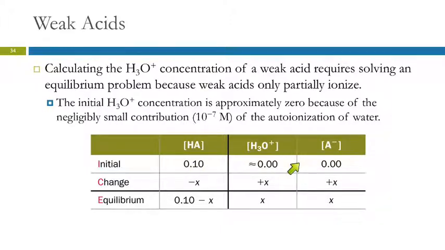We put in 0.1 molar of that, and we say this hydronium ion concentration is approximately 0. We know it's actually 10 to the minus 7, but that's probably not going to matter. And this is 0, and then we look at the change, minus x and plus x, and we get our equilibrium expressions, and then we can put that into the equilibrium constant expression.